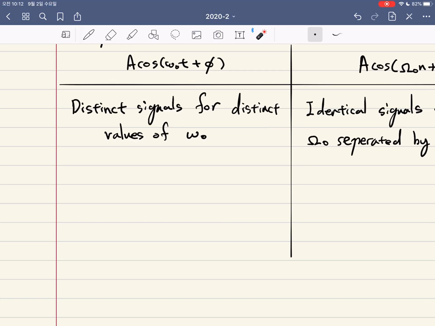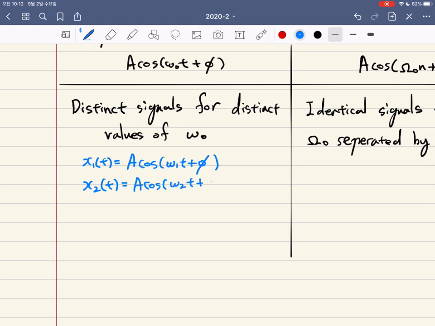What this means is that if one signal has a frequency of omega 1 and another one has a frequency of omega 2, and omega 1 is not omega 2, so the values are different, then the signals are obviously different.